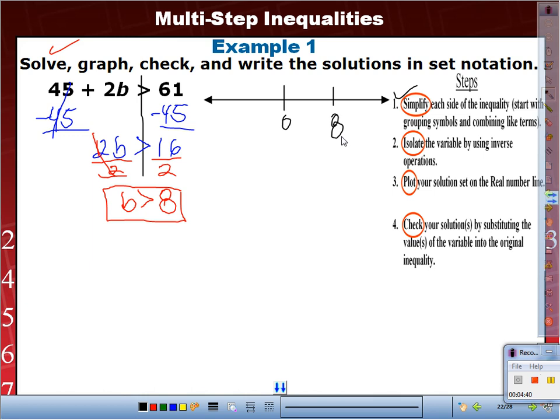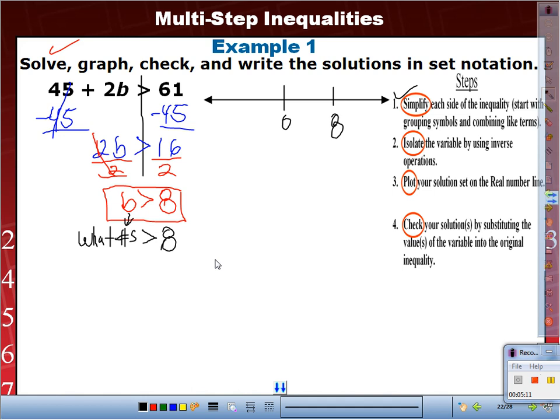As we talked about on Saturday Academy, from now on, whenever you get an inequality, you write the question in words. Instead of the variable b, we're going to say what numbers. What numbers are greater than 8? That's what this says.